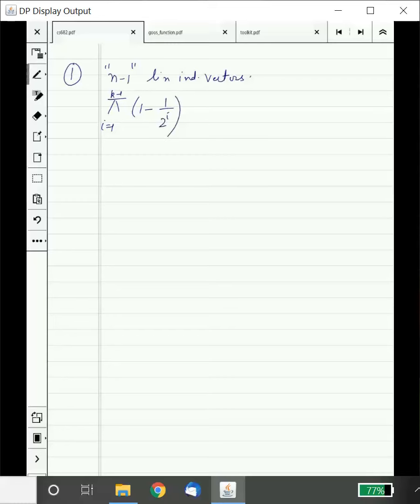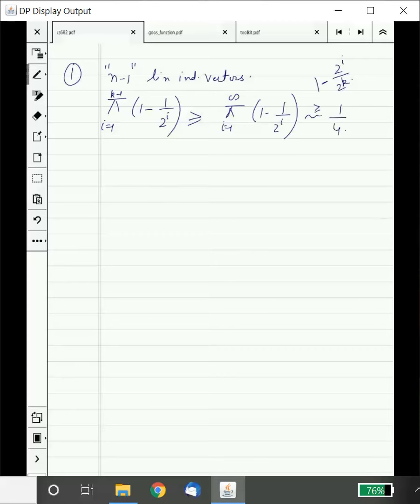This follows from our previous discussion that if I already have i linearly independent vectors, then I fail with at most this much probability. So I win with at least this much probability. And this is bigger than the product over i equal to 1 to infinity of 1 minus 1 by 2 to the power i, and this can be estimated to be 1 by 4 or more than 1 by 4.